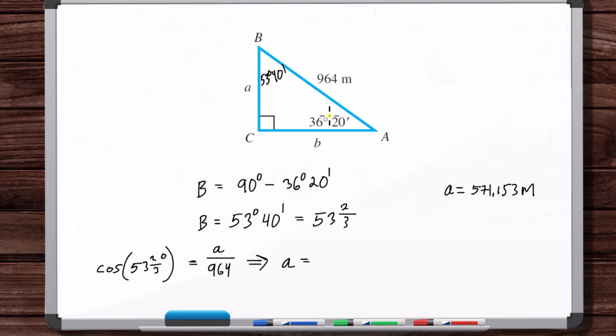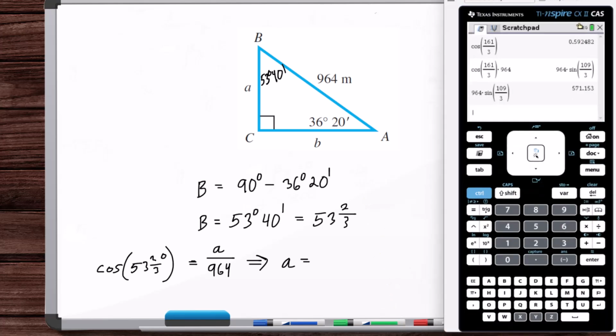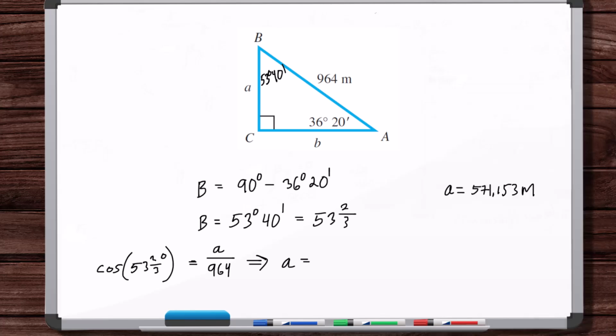Now we could use the Pythagorean theorem, or we could take the sine or cosine. Let's just use the Pythagorean theorem. We've got a squared plus b squared equals 964 squared. So b squared is equal to 964 squared minus a squared.